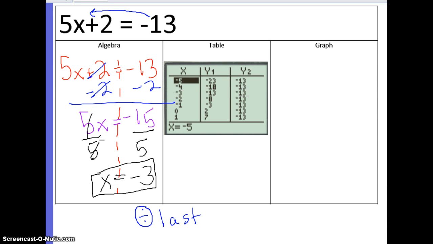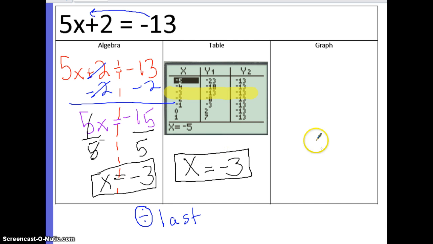I do need to put the solution at the bottom, x equals negative 3, or else I can't get points. I had a lot of people confused. I know the calculator says it's negative 5 right here. That's telling you where the cursor is. And that's not where these two sides are equal to each other. Please think about what you're doing.